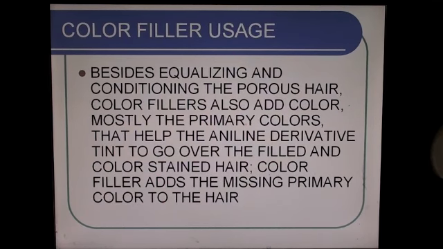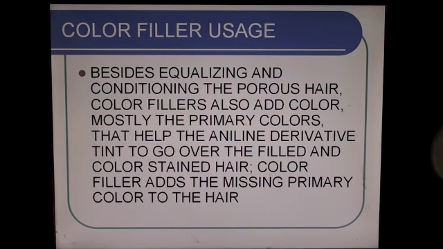Color filler usage. Besides equalizing and conditioning the porous hair, color fillers also add color. Mostly the primary colors. What are the primary colors? The blue, the red, the yellow. The color fillers help the aniline derivative tints to go over the filled and colored stained hair.